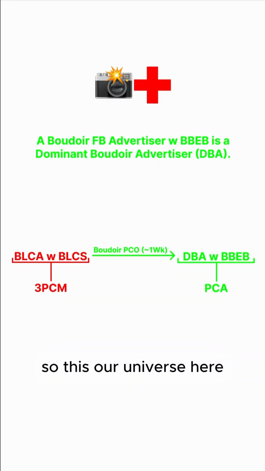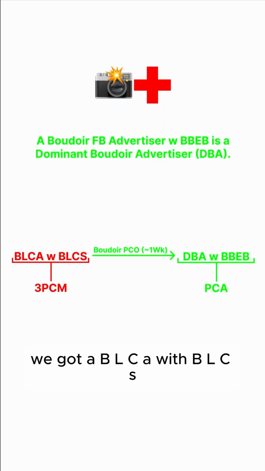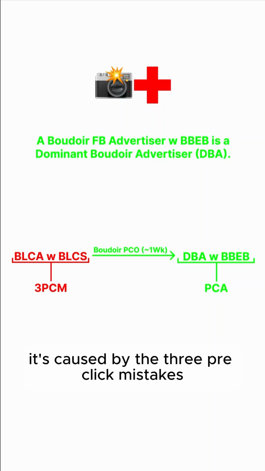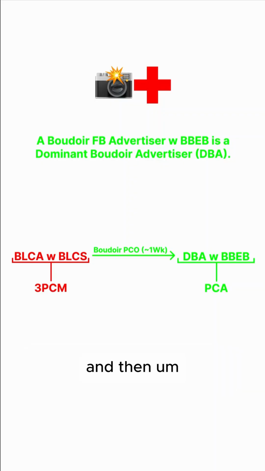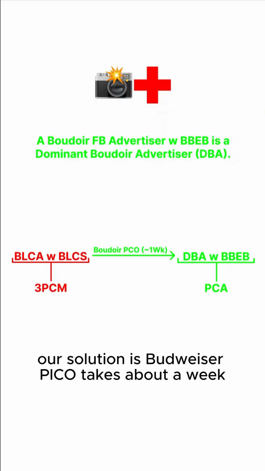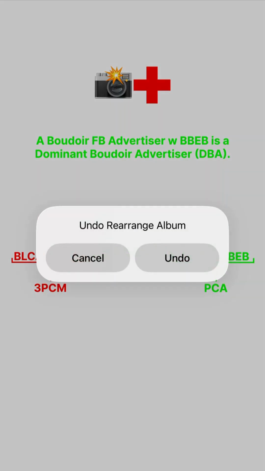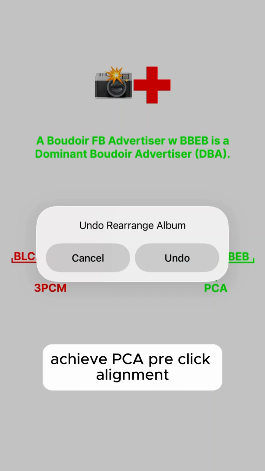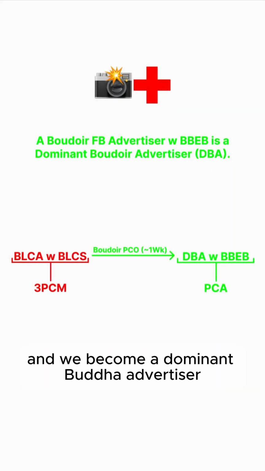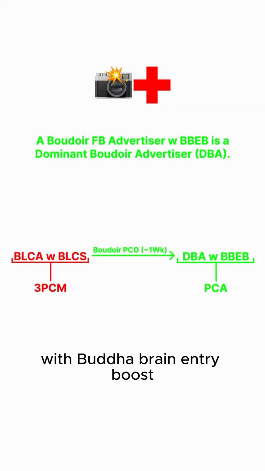So this is our universe here. We got a BLCA with BLCS. It's caused by the 3 pre-click mistakes. And then our solution is Boudoir Pico. It takes about a week. We achieve PCA pre-click alignment, and we become a dominant Boudoir advertiser with Boudoir brain entry boost.